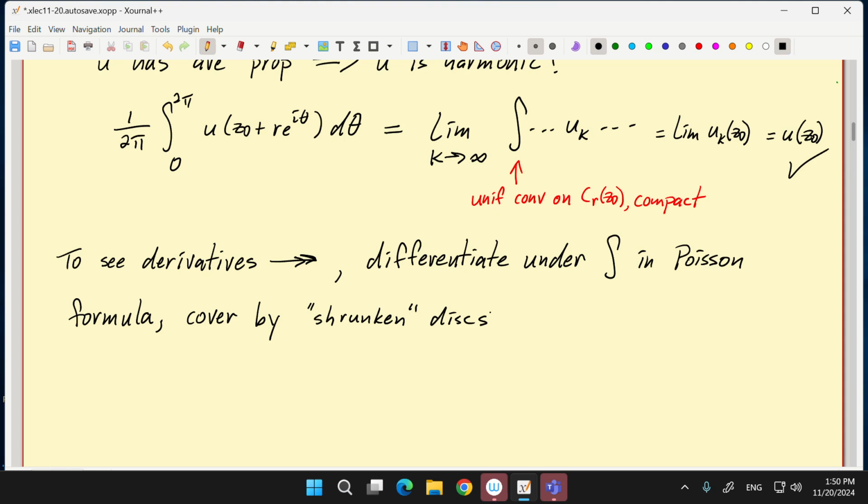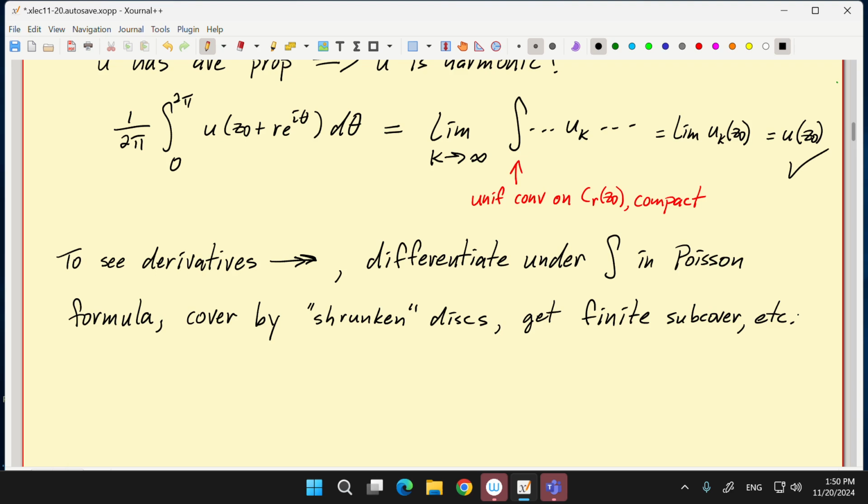Like we did, and get a finite subcover when you're dealing with compact sets, etc. It all works exactly the same as we did with the Cauchy integral formula. You just have to know that you can differentiate under the integral sign. But you look at the Poisson kernel, it doesn't do anything bad, so there's nothing stopping you from doing that.